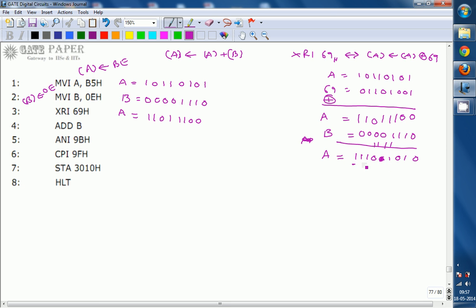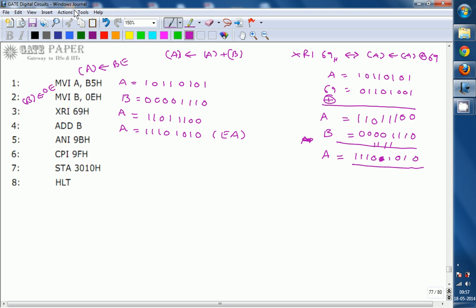This is the result you will get. So after the addition instruction, A will be equal to 1110 followed by 1010. This is the result for A. That is now EA. After the fourth instruction execution, the contents of A is going to be EA.